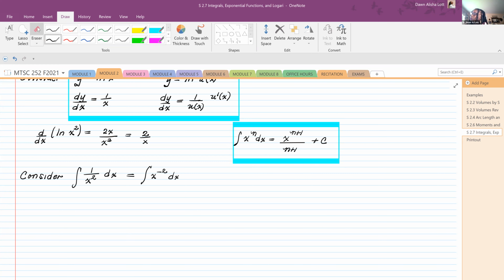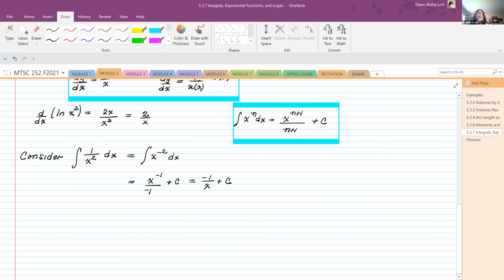Okay, so this is simply going to be x to the -1 divided by -1 plus a constant. But that's just -1 over x plus c, because we use the power rule.